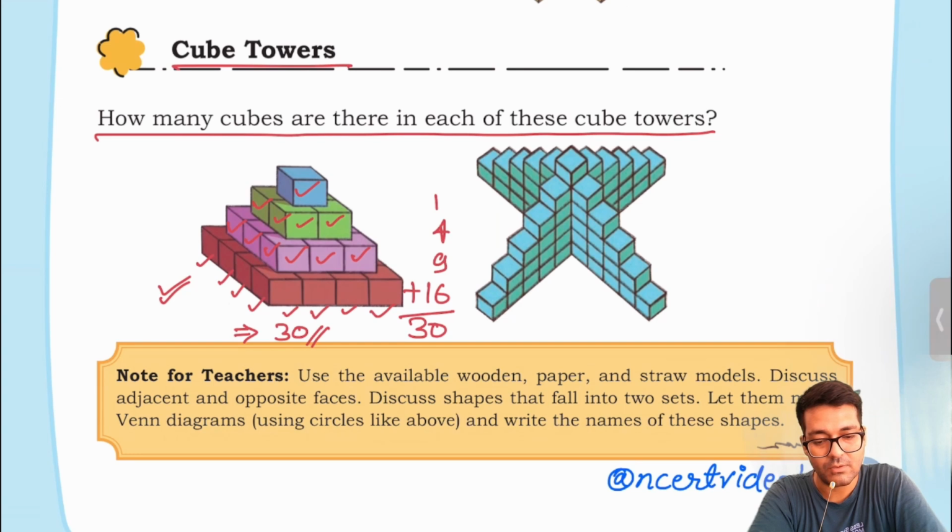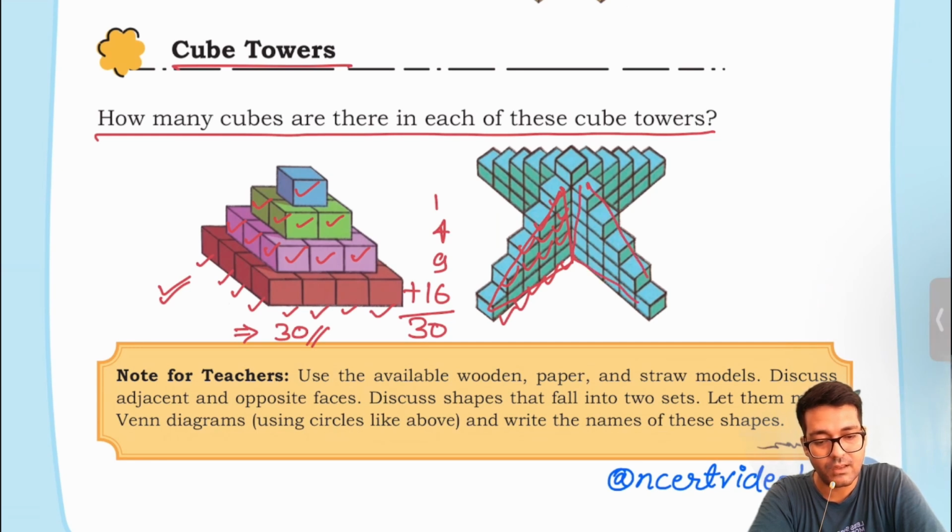Similarly, in the second cube tower, let's count the number of cubes. 1, 2, 3, 4, 5, 6, 7, 8, 9, 10, 11, 12, 13, 14, 15. 15 cubes in the triangular shape structure in one part of the tower.